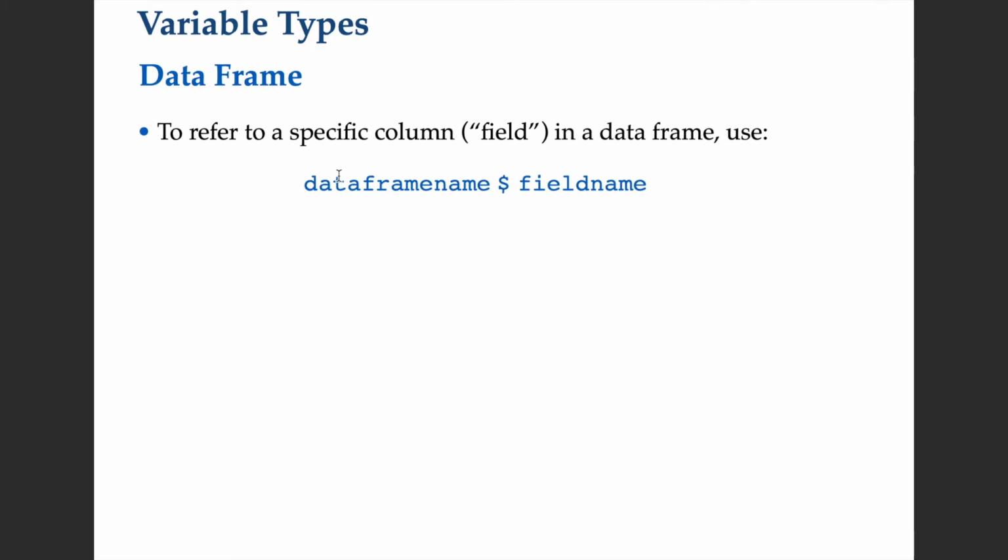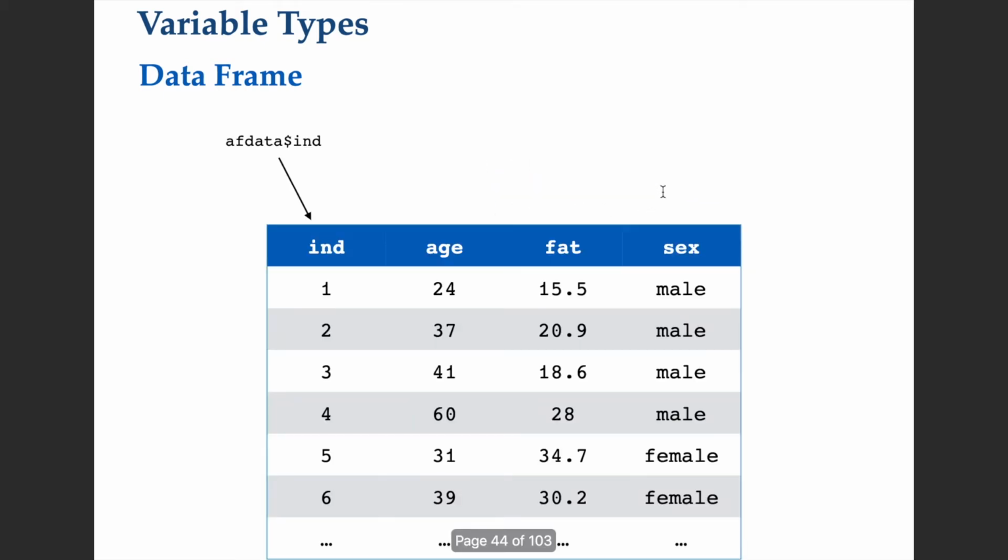The first way you can do this is you can refer to a specific column or field by using this format: the data frame name, and then the $ sign, and the field name. So for example, our data frame is called AF data. And if we want to refer to the individuals, we can just do AF data $ID.